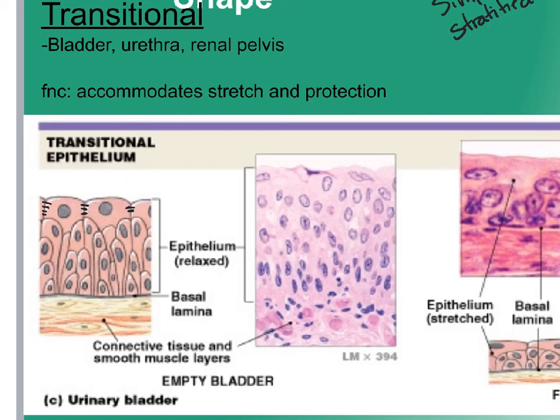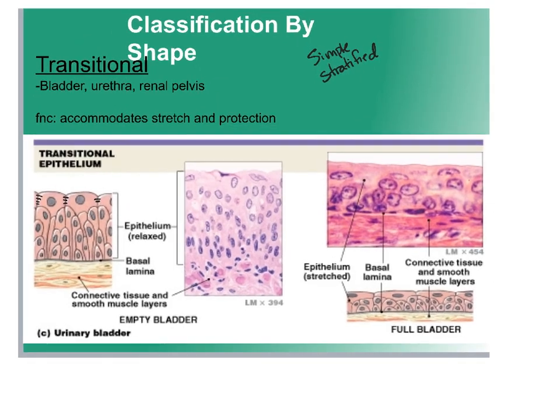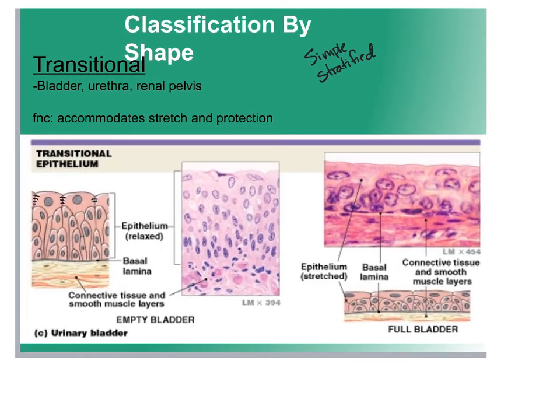So think of the bladder, for instance. As urine fills up, the bladder stretches to accommodate that urine. And those cells, when the bladder stretches, they're not going to come apart from one another. But what will happen is they become a lot wider.